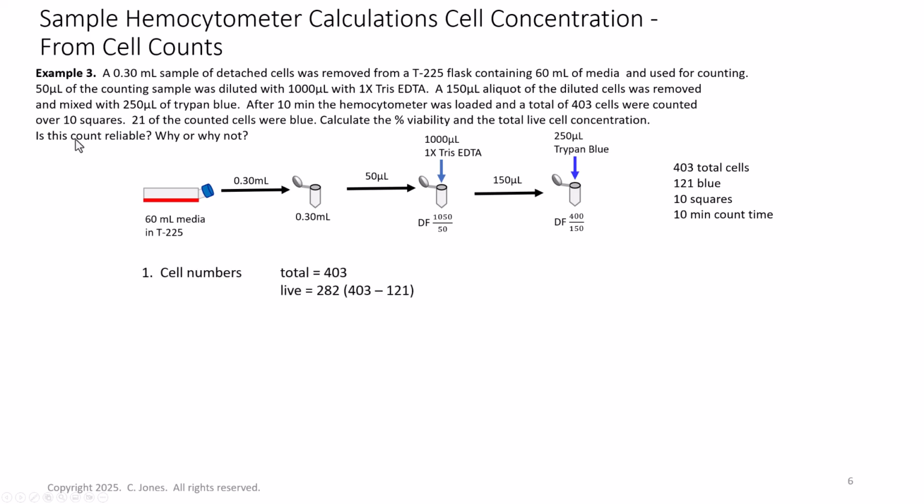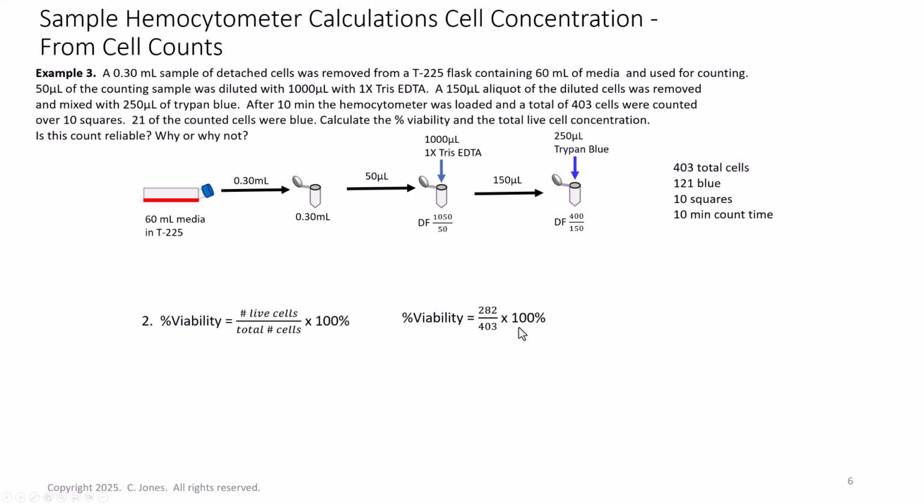Okay, so again, just to summarize our cell numbers, total cells are 403. The number of live cells is the total cells minus the dead cells, or 403 minus 121, which gives us 282 live cells. Okay. Percent viability then, number of live cells over the total number of cells times 100%.